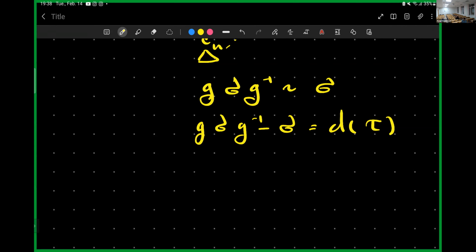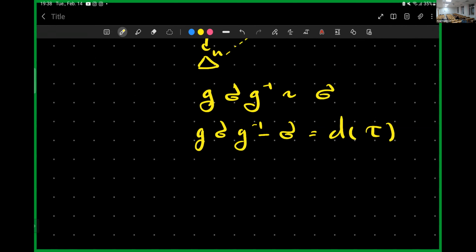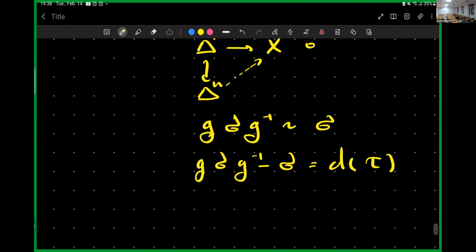Let's see. Maybe there is a simpler way to understand what we want to understand. Basically, we want to understand the following thing. Suppose we have a group G, a group H, and an H module.